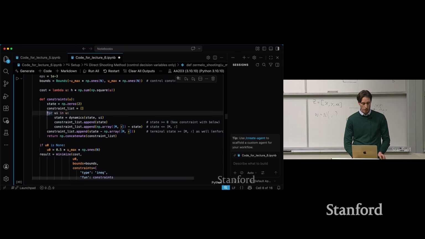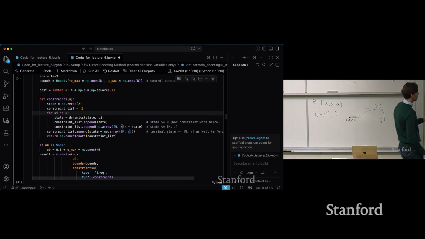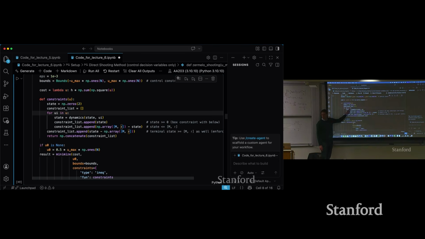And so what we do here is we have this inner loop where we are propagating our dynamics forward, where for all of the controls in a candidate solution U, we propagate the dynamics forward, so we get the next state, and then we append these constraints to the state at every time.